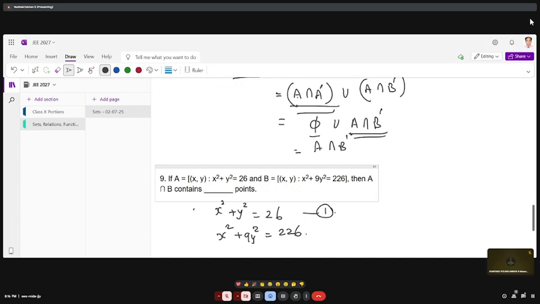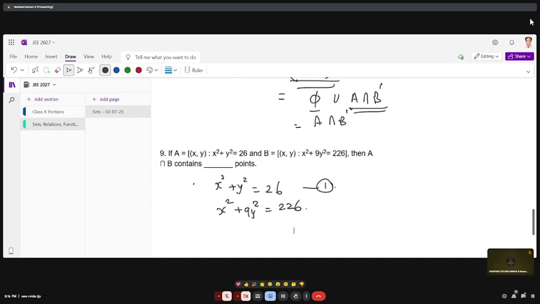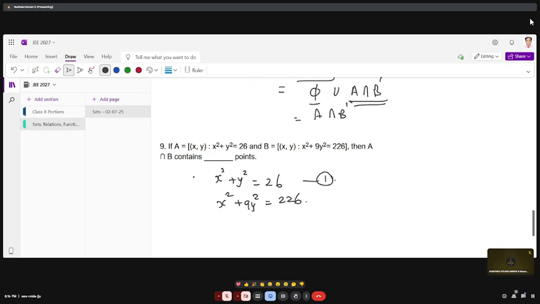And what about the other one? It is not telling that these need to be integers. They can be non-integers also.